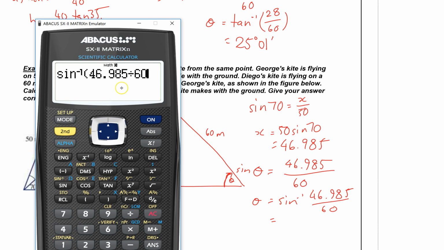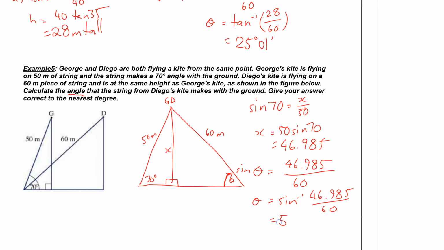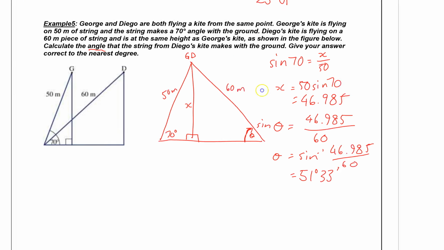See that's in the brackets. Don't do the sine of that angle, do the inverse sine of that, and divide your answer by 60. Make sure that all of this is in brackets. Either use your fraction or use divided by, it's fine. Make sure it's in the brackets. Make sure you get the order right. Okay, and I get 51 degrees, 33. Remember, we round up from 30. So 51 degrees, 33 minutes to the nearest minute.